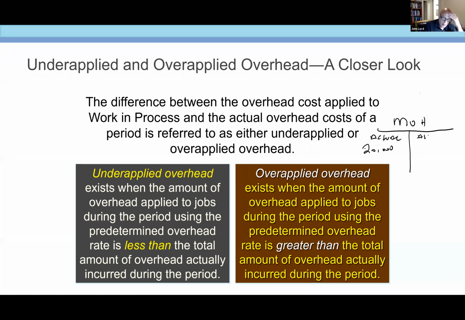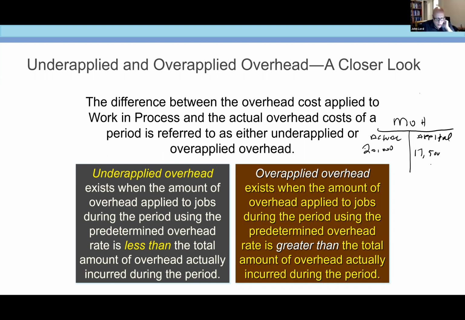And the applied was 17,500. Did I remember those numbers correctly? Yeah, that's correct. Okay.